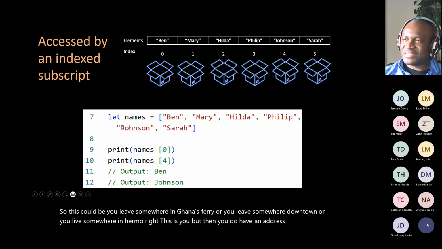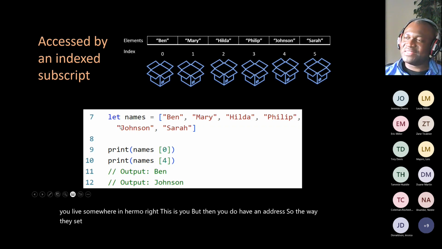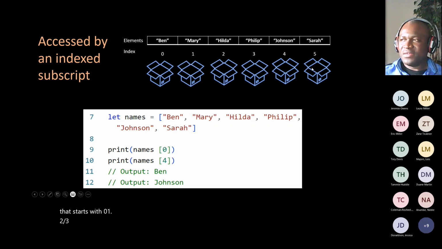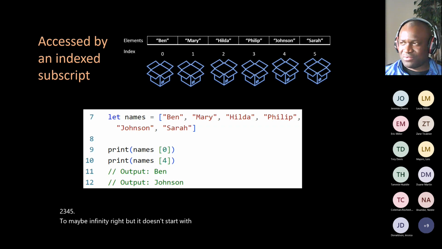The way they set this up, that address is based on an indexing system that starts with 0, 1, 2, 3, 4, 5 to maybe infinity, but it doesn't start with 1, it always starts with 0.